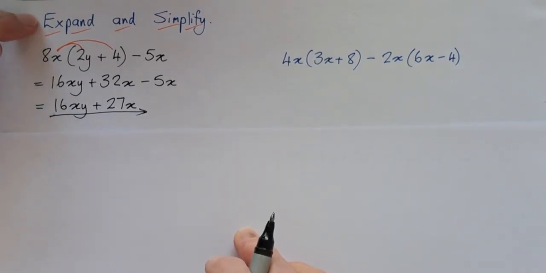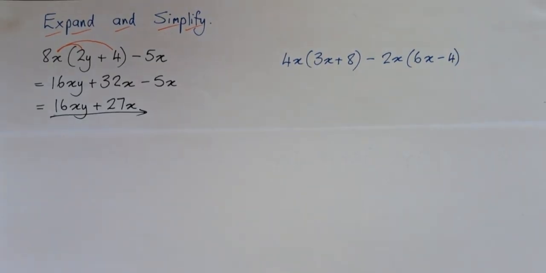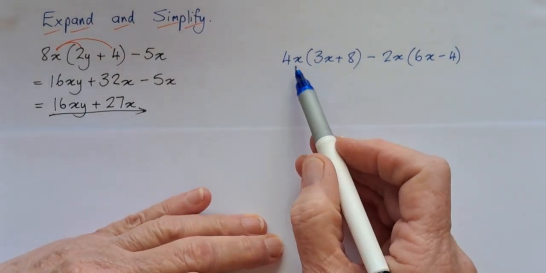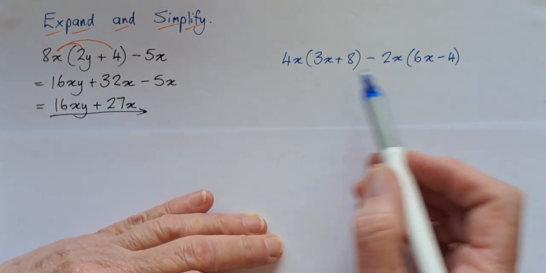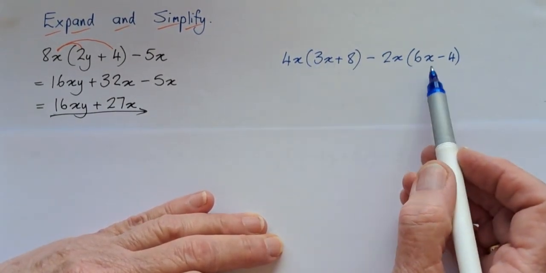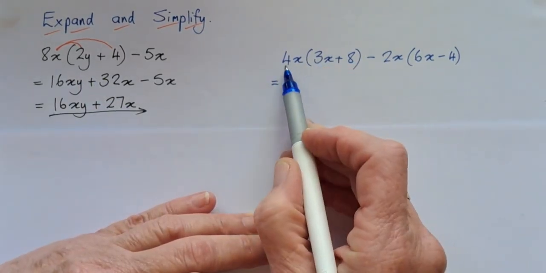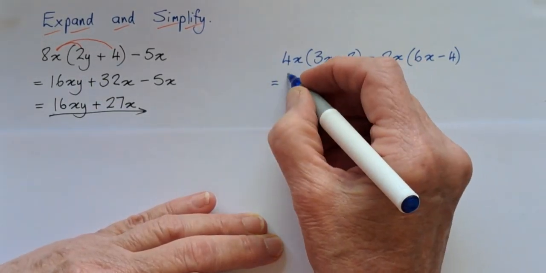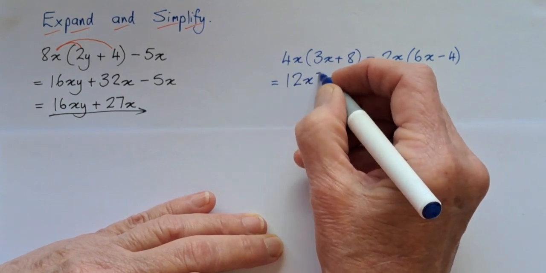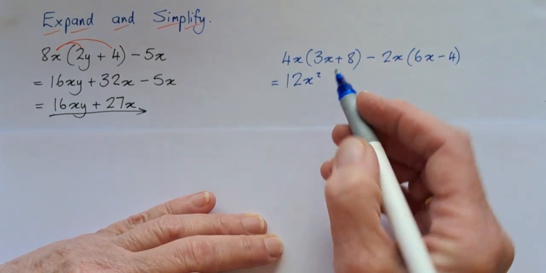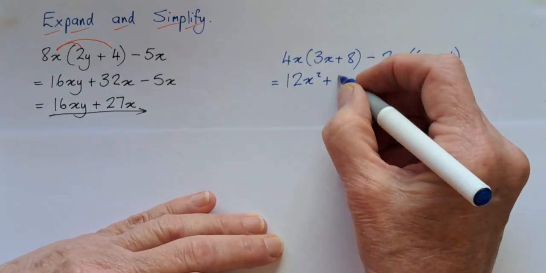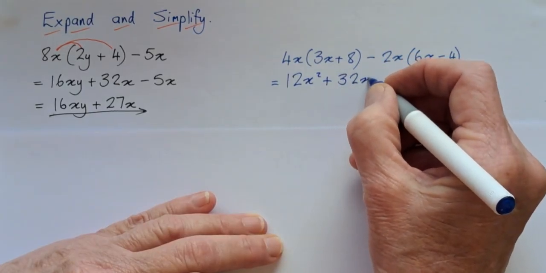I've expanded, in other words, I've got rid of the brackets, and then I've added any like terms that I have. So looking at the next one, I've got two situations where something is being multiplied by a bracket, so I need to eliminate both of those brackets in the same way that I did that one. So first of all, 4x times 3x is going to give me 12x squared. 4x times 8 is going to give me 32x.